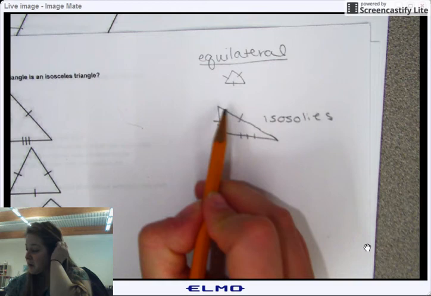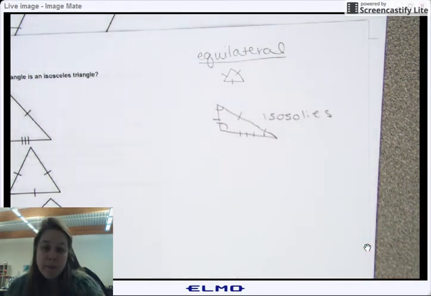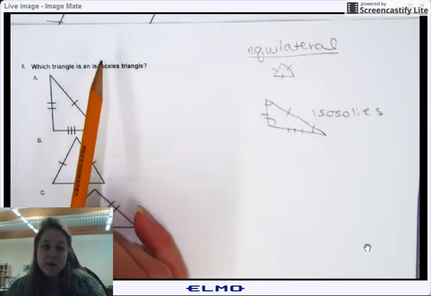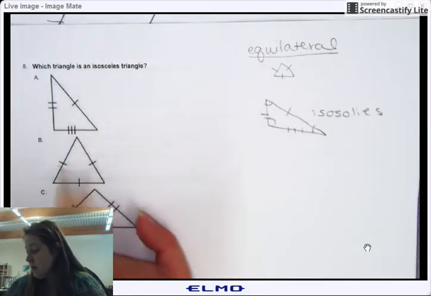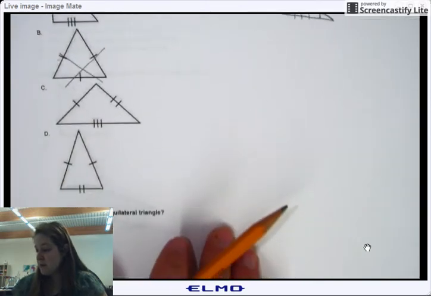That means 3 different angles. 3 different size angles even. Okay? So looking at an isosceles triangle, well, this is an equilateral. All sides are equal. Right? And then we look down here.